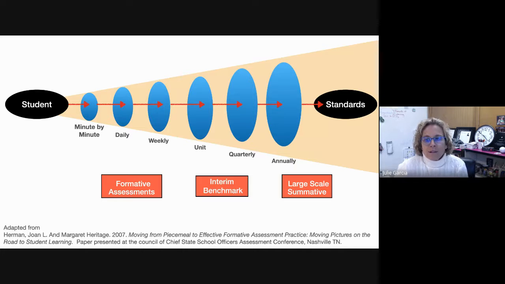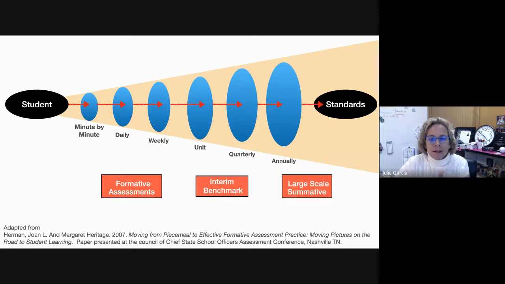So one of the things that we've done in our district is look at this kind of continuum of assessments. And this is adapted from an article, Moving from Piecemeal to Effective Formative Assessment Practice. And like I said to Kelly earlier, I'll provide a PDF of all these slides for you to come back and refer to. But here in our district, we're looking at this big, broad approach to assessments. And I really like the way this diagram breaks it down.